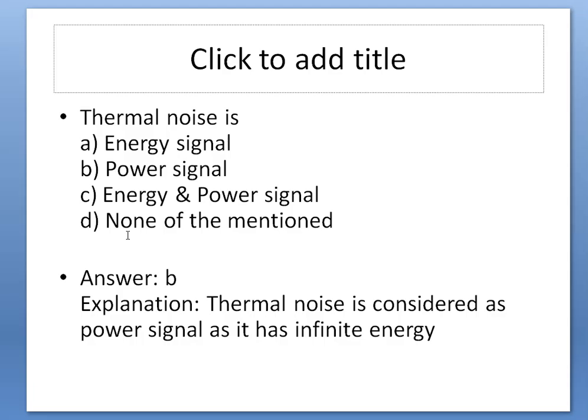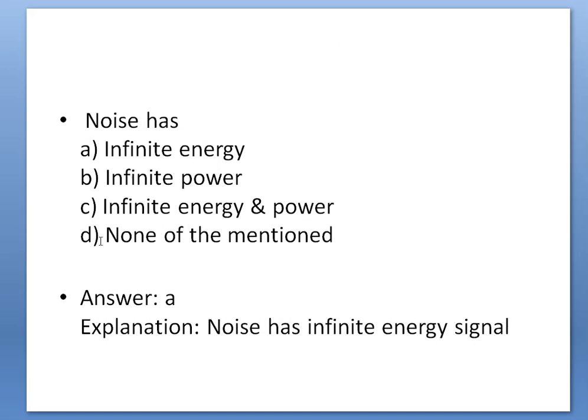Coming to the next bit, thermal noise is: A. Energy signal, B. Power signal, C. Energy and power signal, D. None of the above. The answer is B. Thermal noise can be considered as a power signal and it has infinite energy. See the difference between the previous bit and the present bit. Earlier we discussed noise has infinite energy.